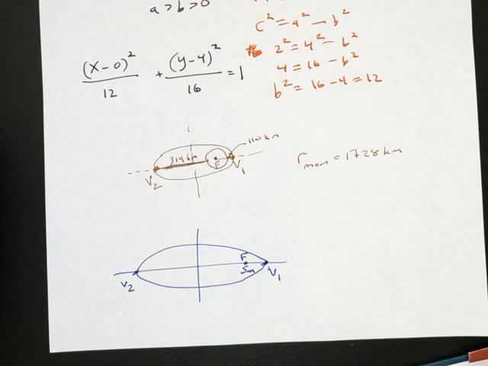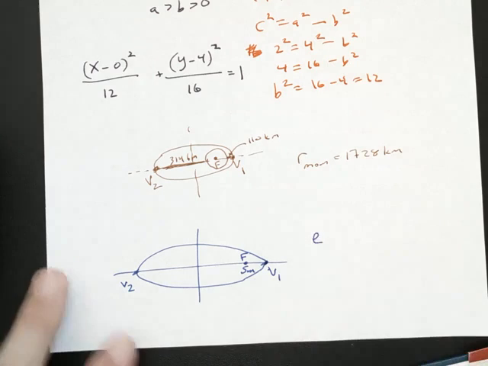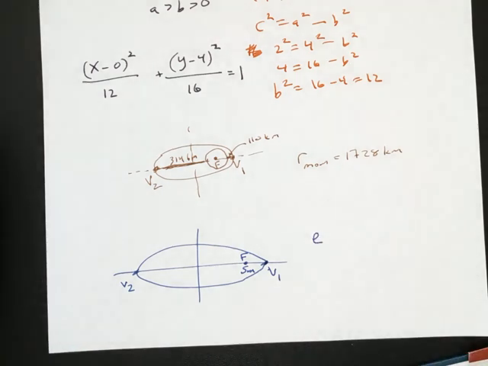So the sun is at one vertex. I'm sorry, the sun is at one focus. We're given the eccentricity, right? In polar, we got the eccentricity directly from the equation, right?